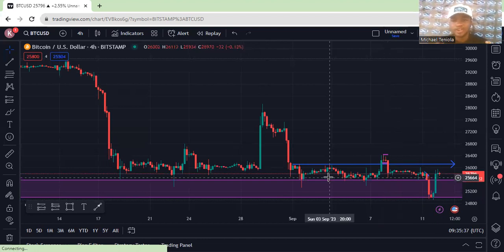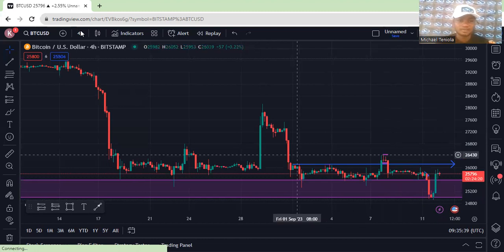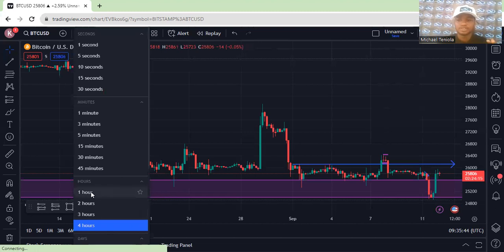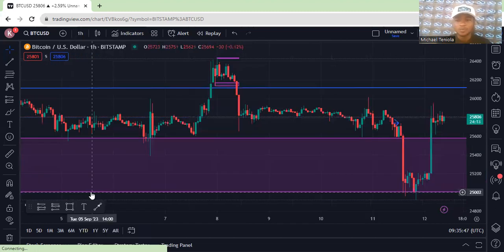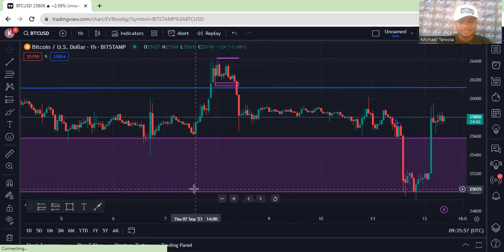So top down to the H1 time frame chart. Let's check the H1 chart. We can also see that on the H1 chart, the bulls are in control of the market trend. We already had a break of structure on our H1 chart.